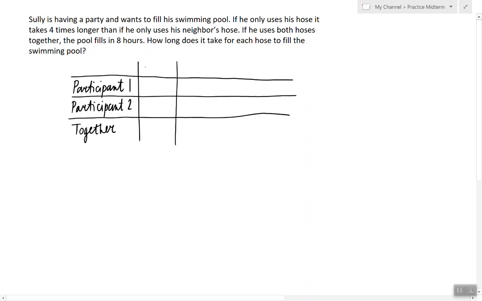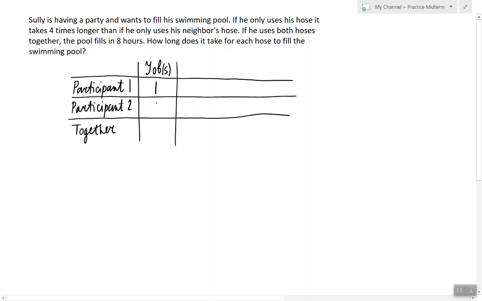So in the first column we put the number of jobs that they perform. In our case it's one job, so we're talking about filling out one pool, and the questions are about filling out one pool, so we're going to put ones over there.